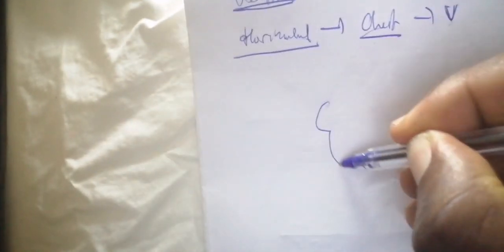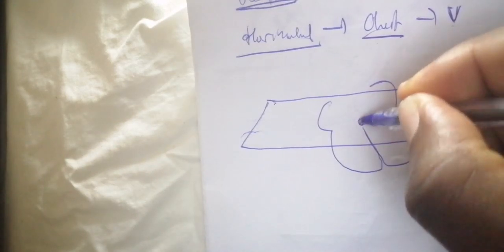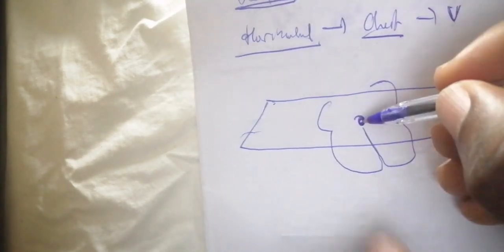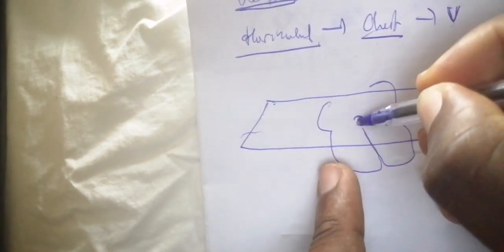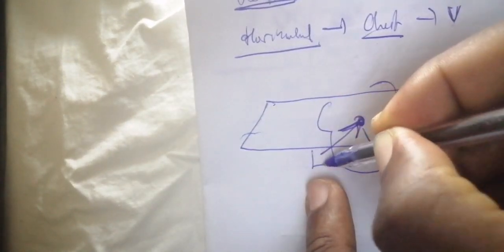Now in this case, you can have your heart in this direction. Is it clear? When you have the heart in this direction, visualize that you have a horizontal plane that can be cut through the heart, and here is the center point of the heart. Now V1 is located here, so V1 is going to visualize the heart in this direction.